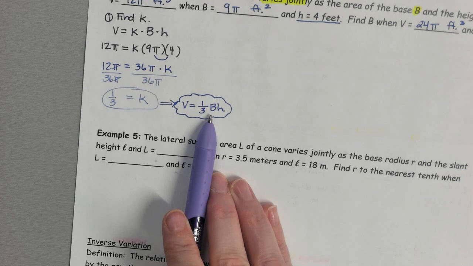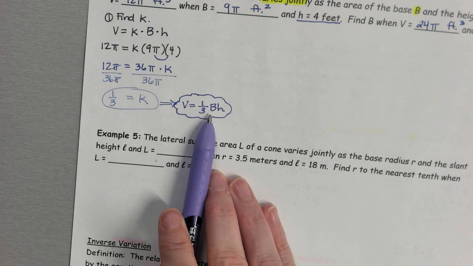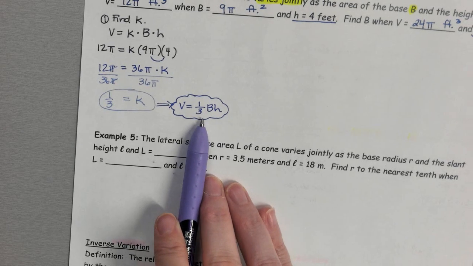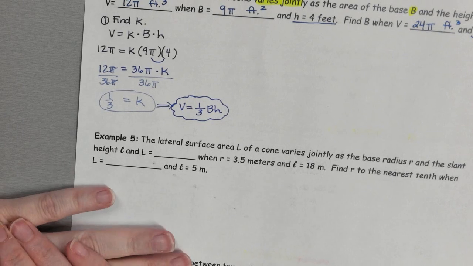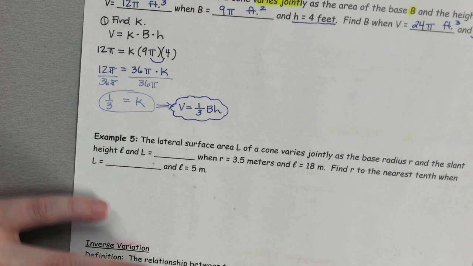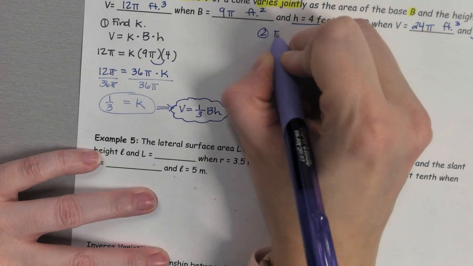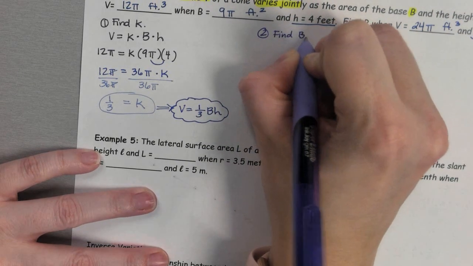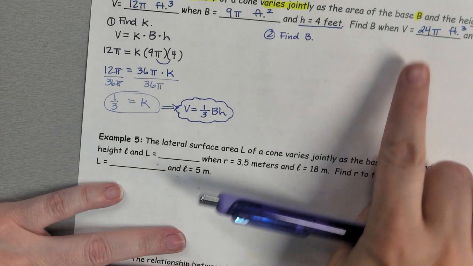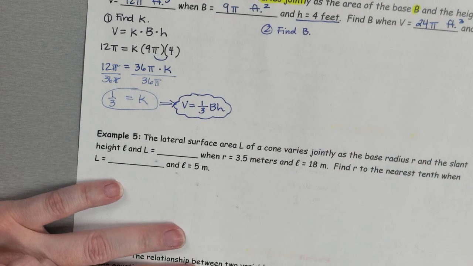This is the area of the base, which for a cone, the base is a circle. No, you guys have blocked that out. Alright, so once you get your equation, now we can go to step 2, which is to find B, which is the area of the base, when you're given this for your volume and this for your height.